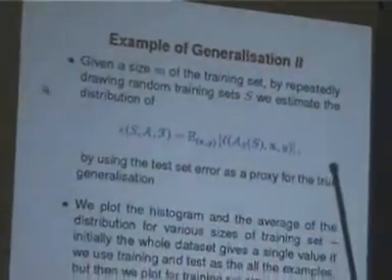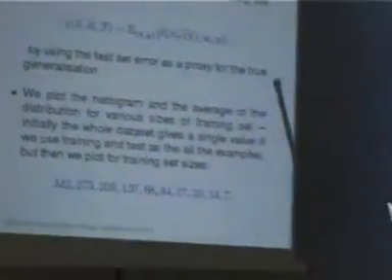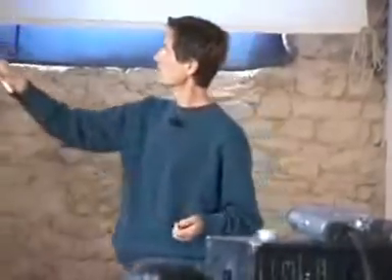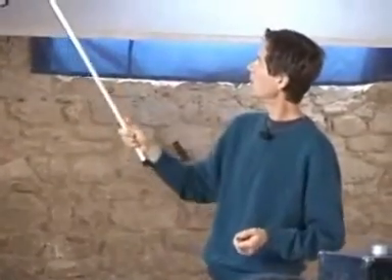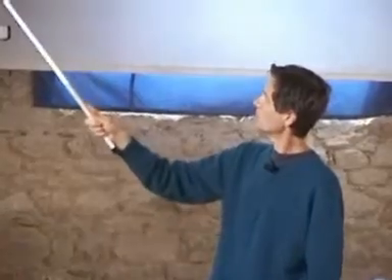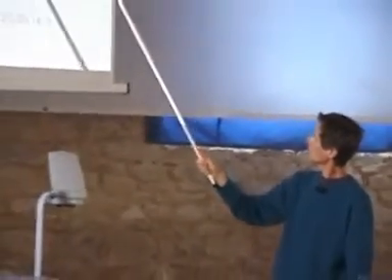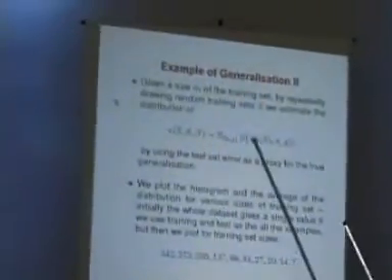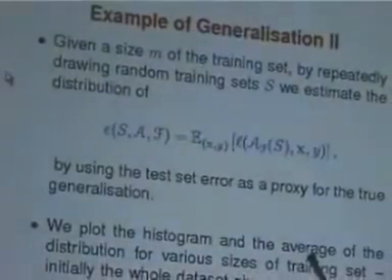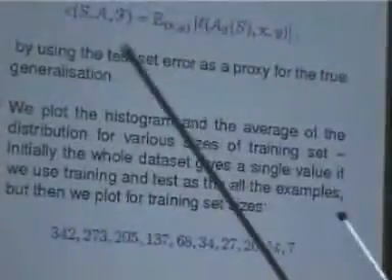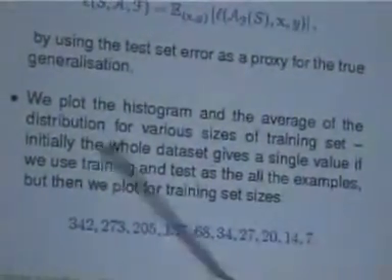If you had some abstract problem you could define the true error, but in our case we've got a concrete data set, so I'm just going to use the test error as a proxy for this. So I'm going to repeatedly generate random training sets, use the remainder of the data as a test set, and estimate this quantity after applying this very simple algorithm, the Parzen window estimator. And I'm going to plot the histogram and the average of the distribution of this quantity for various sizes of training set.